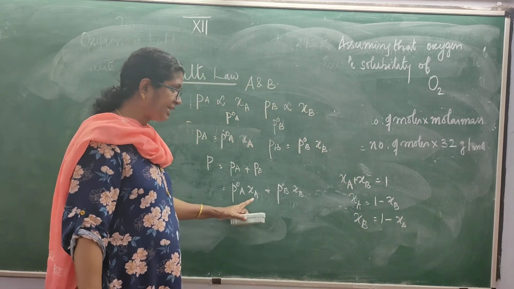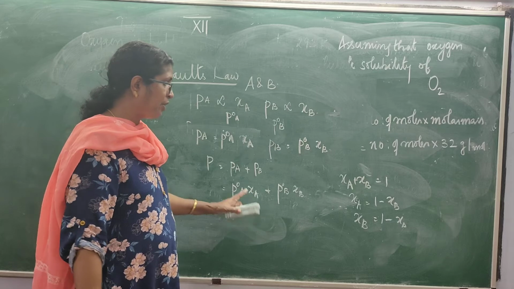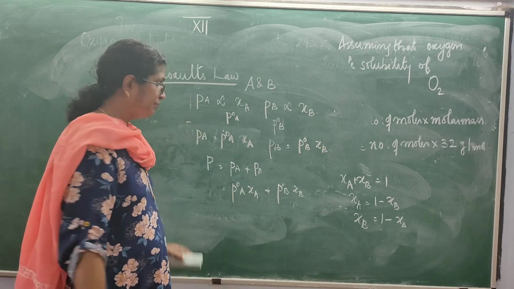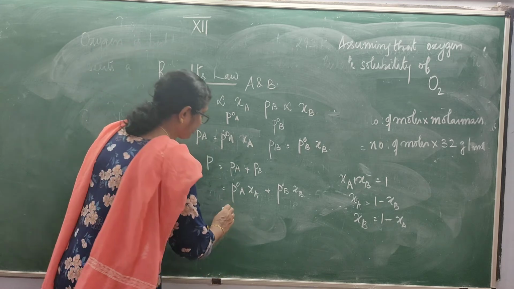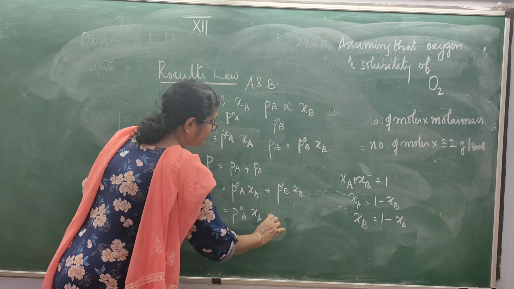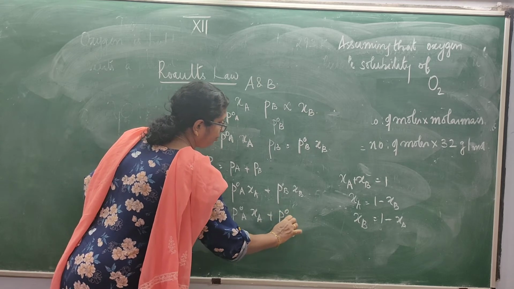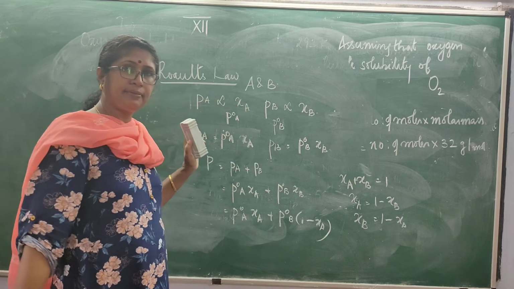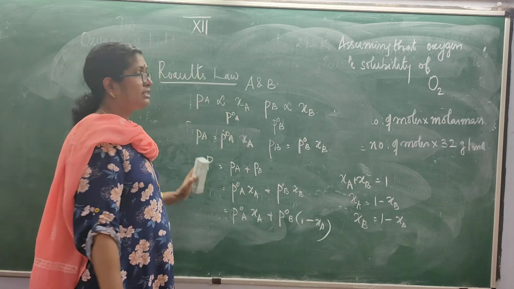So instead of XA you can write 1 minus XB, or instead of XB you can write 1 minus XA. So if you know one of the mole fractions, P naught A into XA plus P naught B into 1 minus XA. So this is Raoult's law.